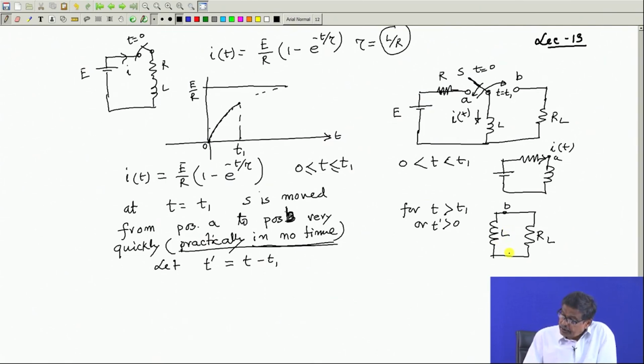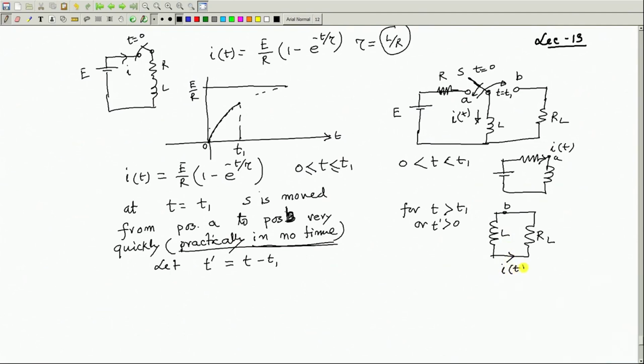So, I assume the current to be I t. This I t is either, you say, for t greater than t 1 or t dashed greater than 0. So, I t dashed current flows. Now, what I have to do is write down the KVL equation here, once you have assumed the direction of the current.